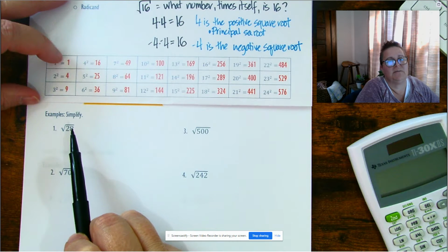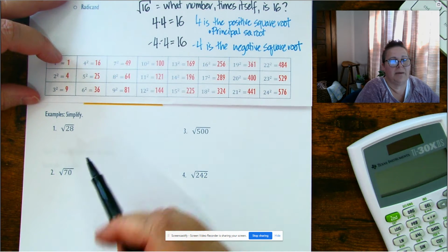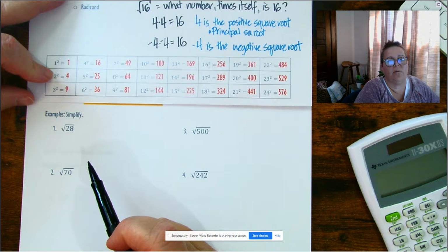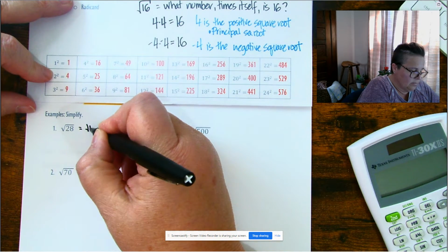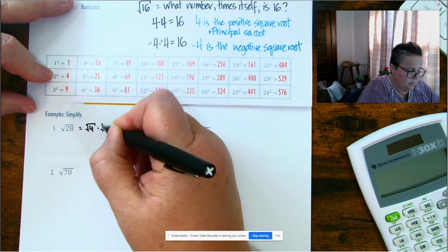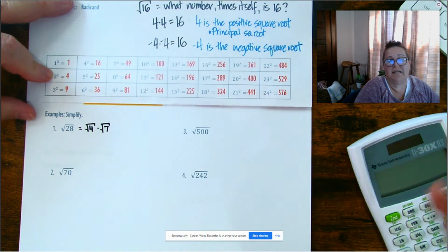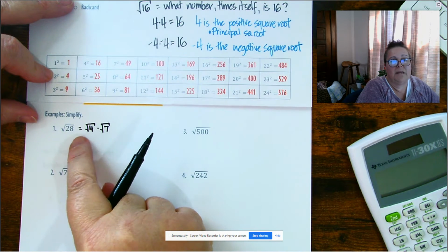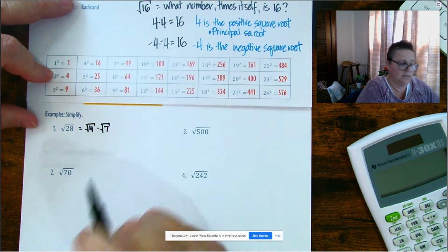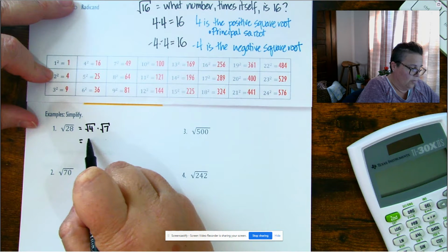So is 28 divisible by 1? Always. That one's not going to matter. Is 28 divisible by 4? It is. So I'm going to rewrite this as the square root of 4 times the square root of 7, because 28 is 4 times 7. Since I have the product, I can break it into the square roots of the factors. Then I can say that the square root of 4 is 2.